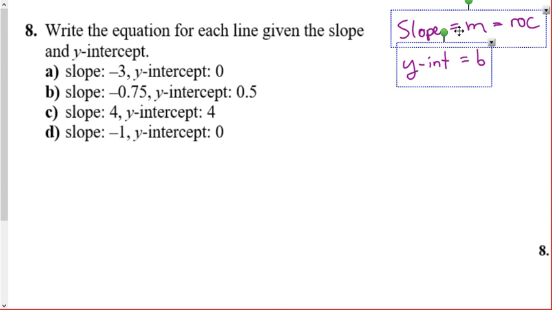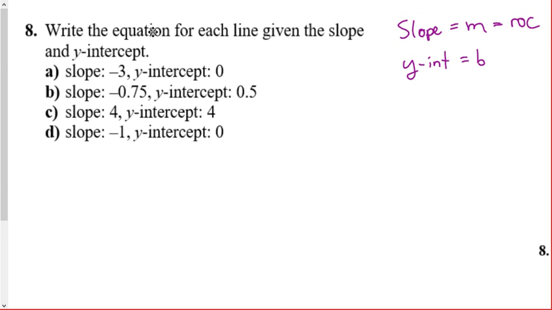So knowing that, we'll just put that up there. Now we need to find an equation for each of these. Well, here's how we do that. We remember an equation is written by saying y equals mx plus b, where m is our slope and b is our y-intercept.